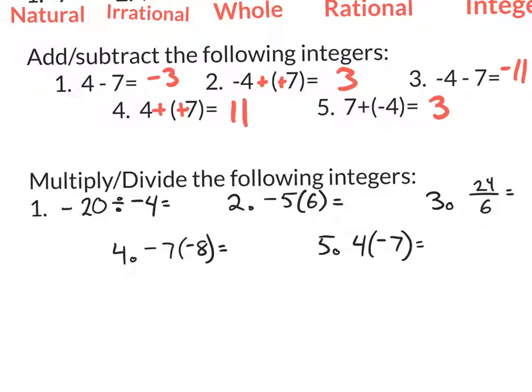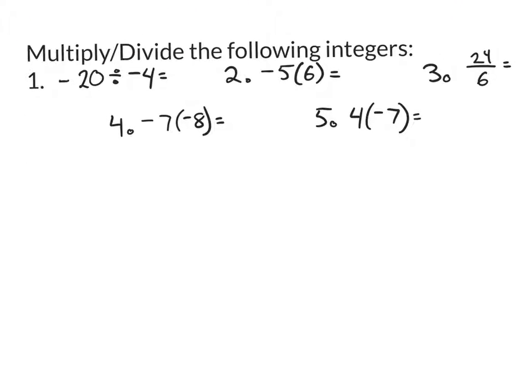And for the last section, multiplying and dividing, it's not the same thing. You have to learn the rules that a negative times a negative is a positive. Or you could remember those situations of like if a bad thing happens to a bad person, that's good, right? It's up to you. But right here we have a negative 20 divided by negative 4.